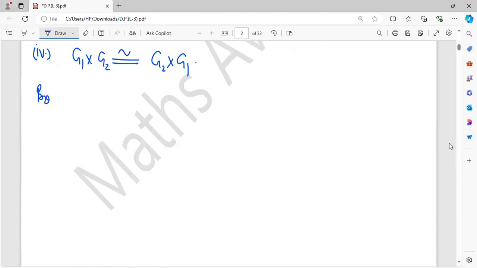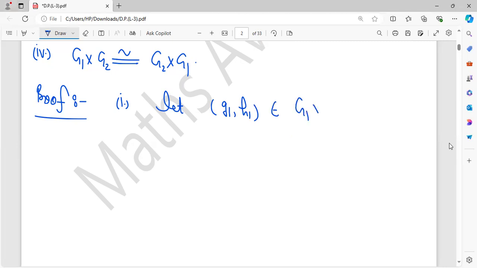So let's prove this theorem. So one, let (g1, e2) belong to G1 × {e2} intersection {e1} × G2. Then what do we have?